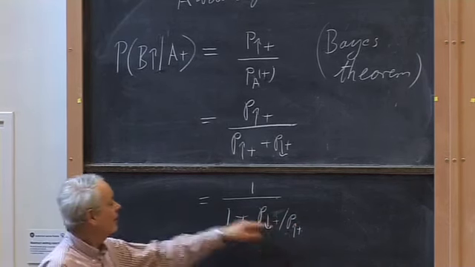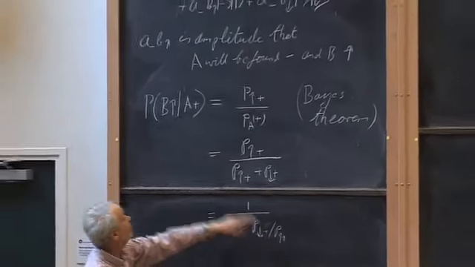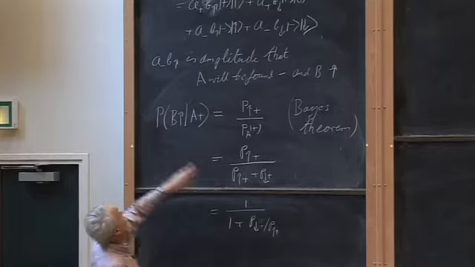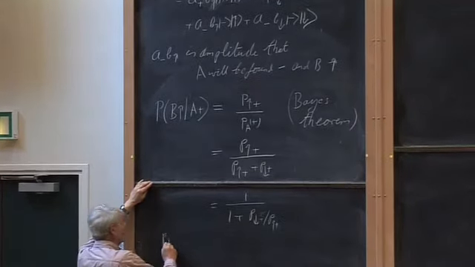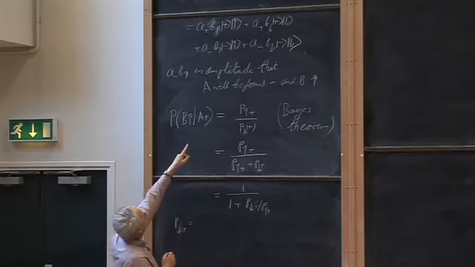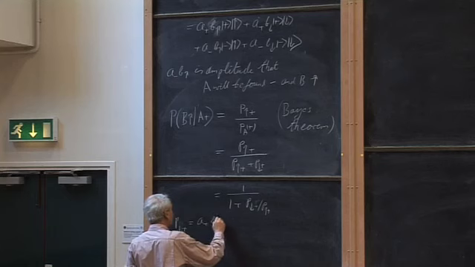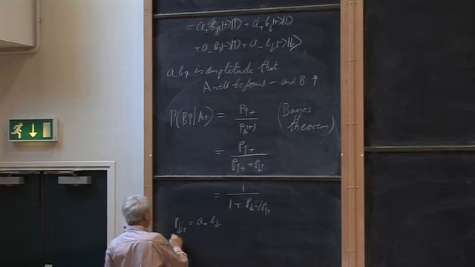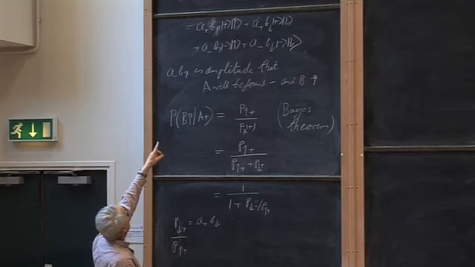What about this? Let's go back to that expression up there. What's this probability in terms of those amplitudes? P down plus, P down, down and plus, is equal to A plus B down. And P up plus is A plus B up.